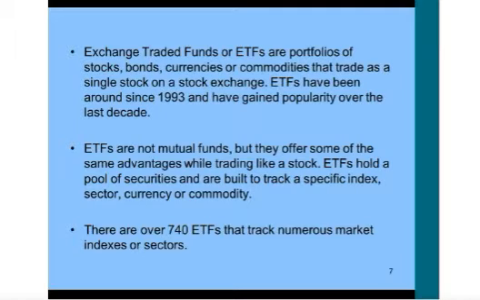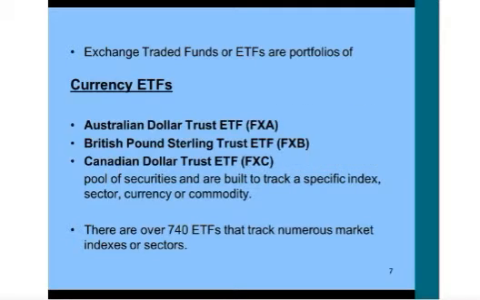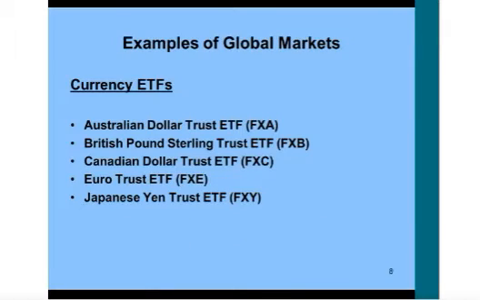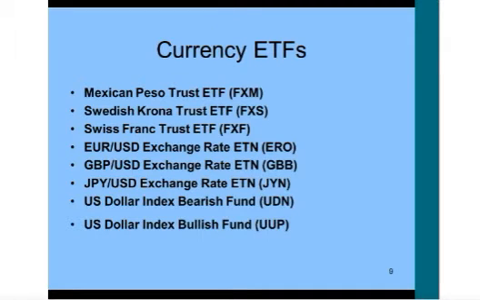And ETFs hold a pool of securities, and they're built to track a specific index or sector or currency or commodity. So there's over 740 ETFs today that track numerous market indexes and sectors. Here's an example of some currency ETFs: Australian dollar, British pound, Canadian dollar, Mexican peso.